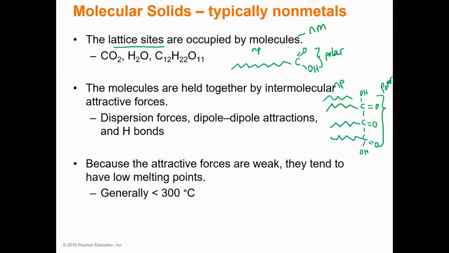But as soon as I make these tails really long, some of the fatty acids you studied were up to 26, 28, 30 carbon chains, then the non-polar tails will overtake the ability of the polar head. The way all of that works, it kind of balances out.